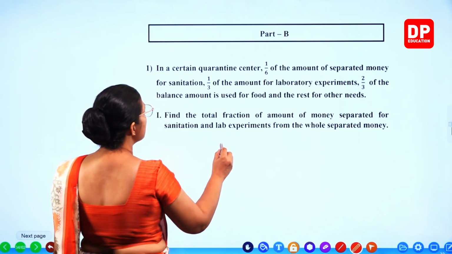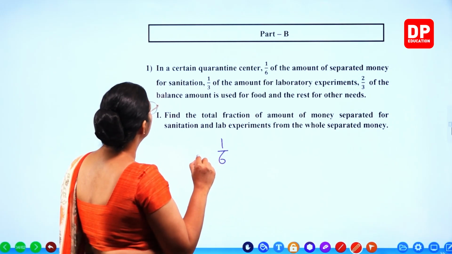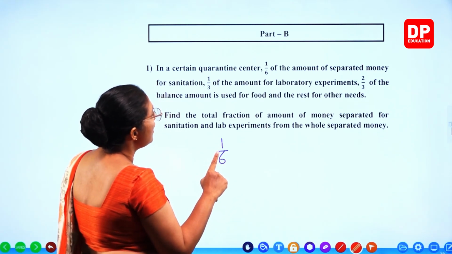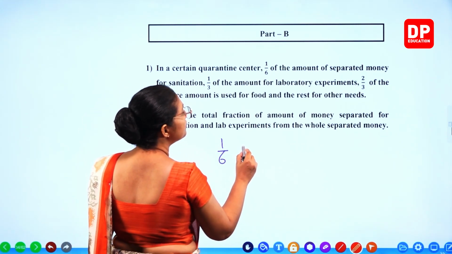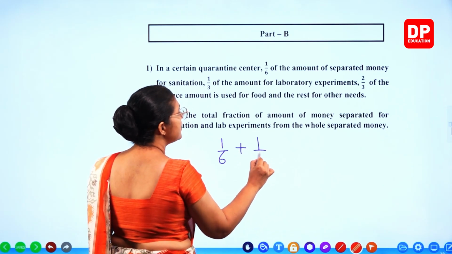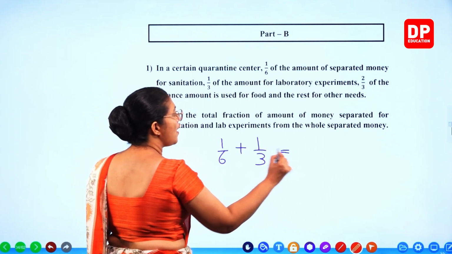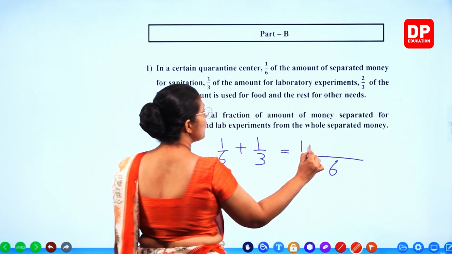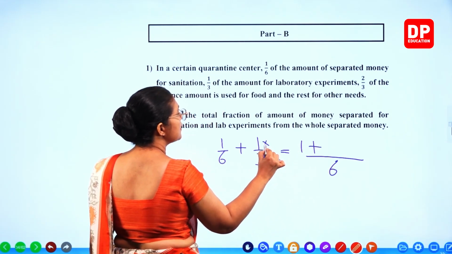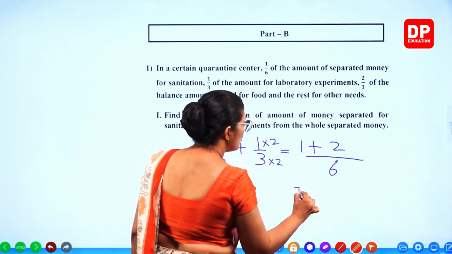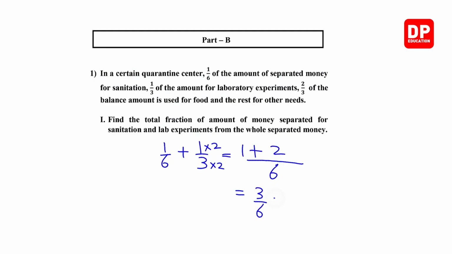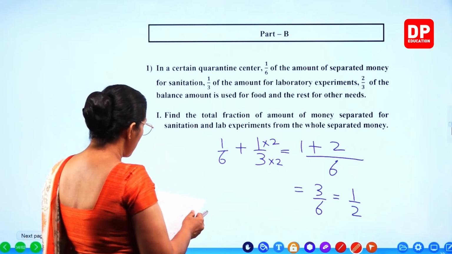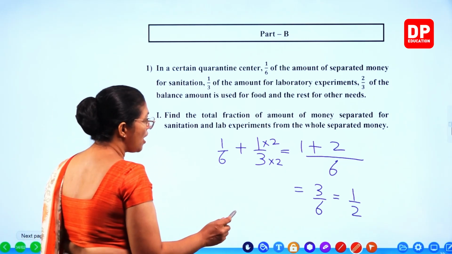So 1/6 for sanitation and 1/3 of the amount for laboratory experiments. So just add these two. Find the lowest common multiple of 6 and 3, that's 6. That means you have to multiply this by 2 to get 6. So 1 times 2, 2. So 3/6, or you can simplify and write half. So how many marks for this part? You are getting 3 marks for this part.